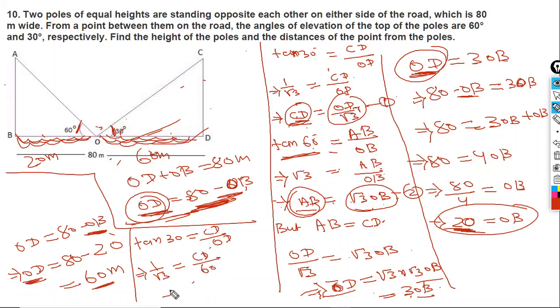Implies CD equals 60 by root 3, which after simplification will be 60 root 3 by 3, which is equal to 20 root 3. You have to rationalize it. After rationalization, you find 20 root 3. So the length of CD is 20 root 3.